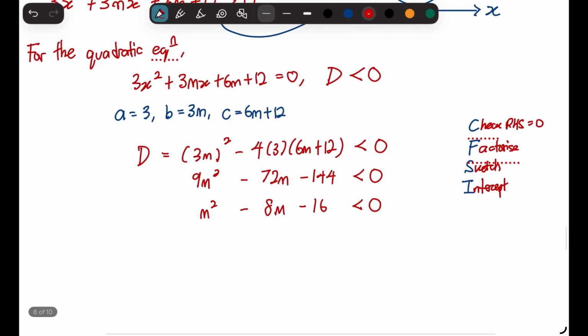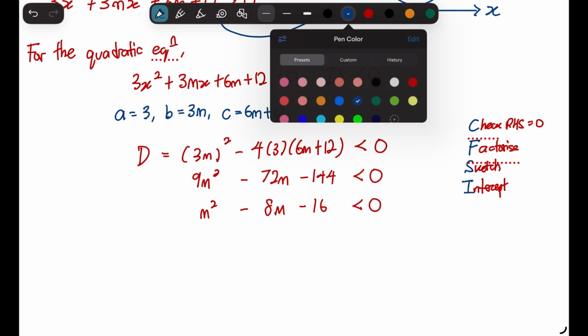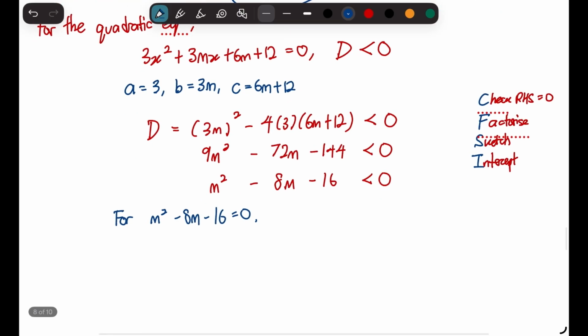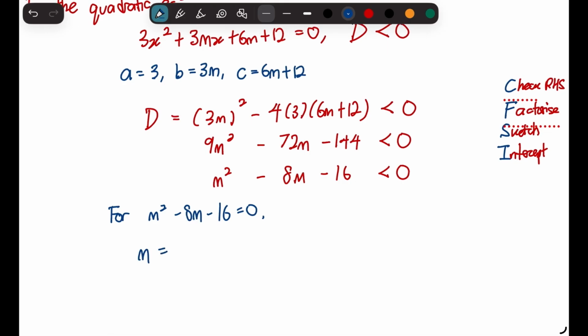So very simply, in order to solve this, we must first consider the quadratic equation instead. For m squared minus 8m minus 16 equals 0, let's use our quadratic formula to find the solutions to this equation. m is equal to negative b plus minus square root of b squared minus 4ac, with a as 1 and c as negative 16, the whole thing over 2a, 2 times 1.